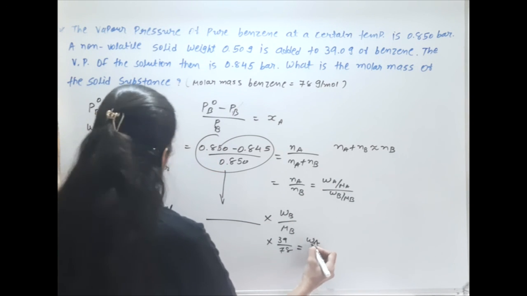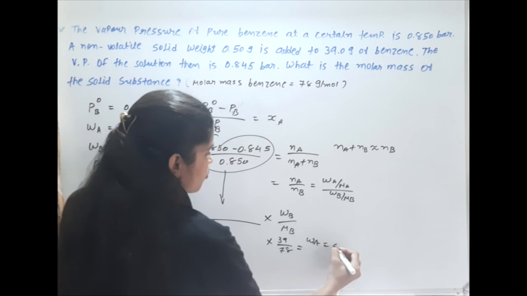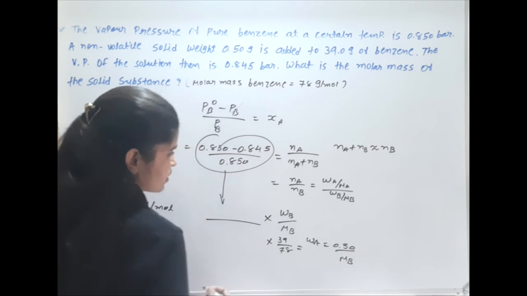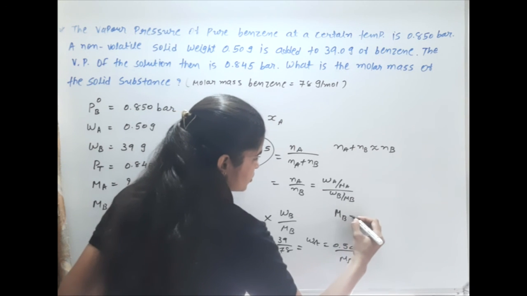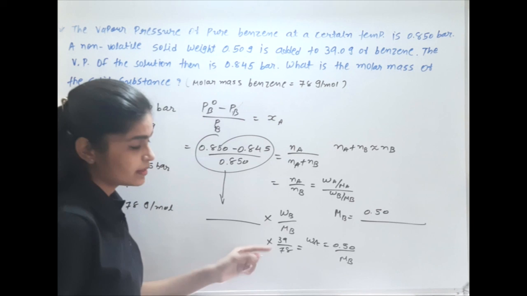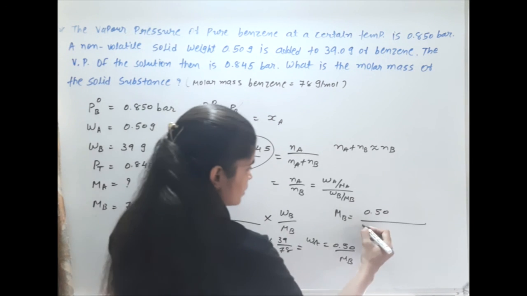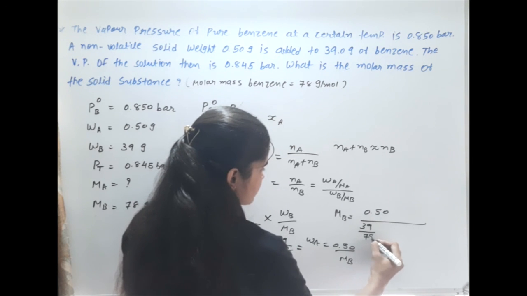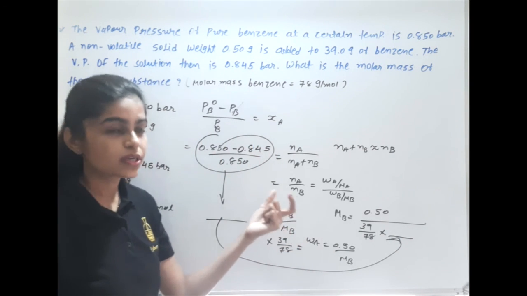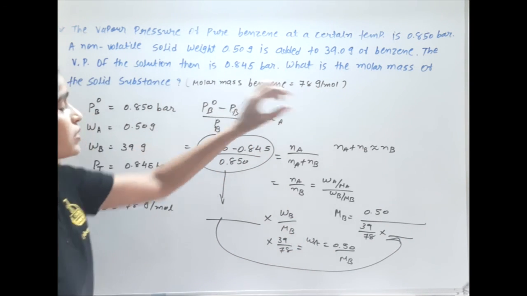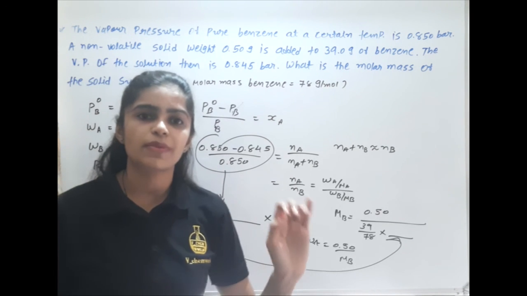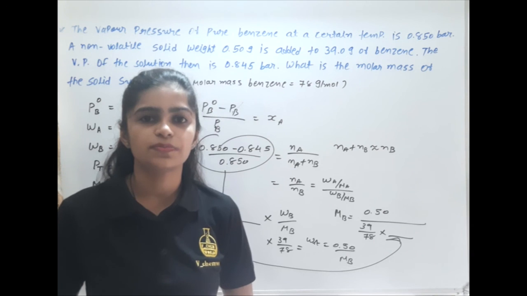WA given is 0.50 divided by MA. So MA is equal to 0.50 divided by this total value, which is 39 divided by 78 times this value. That way we find out the molar mass of this solid substance, where the solid substance is non-volatile, so the molar mass of the solute. Thank you.